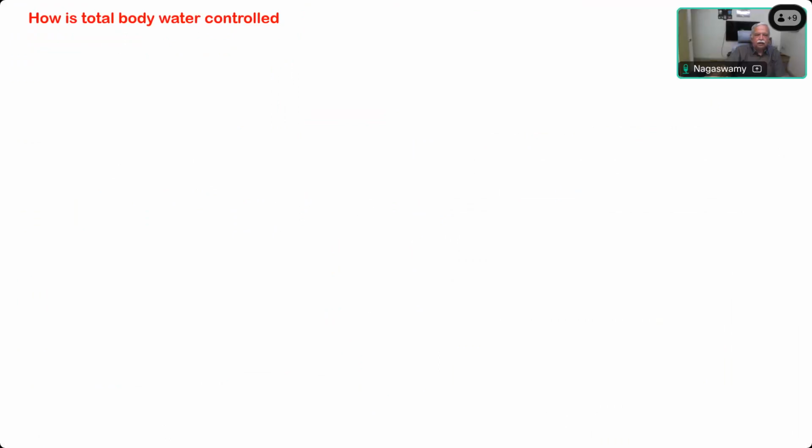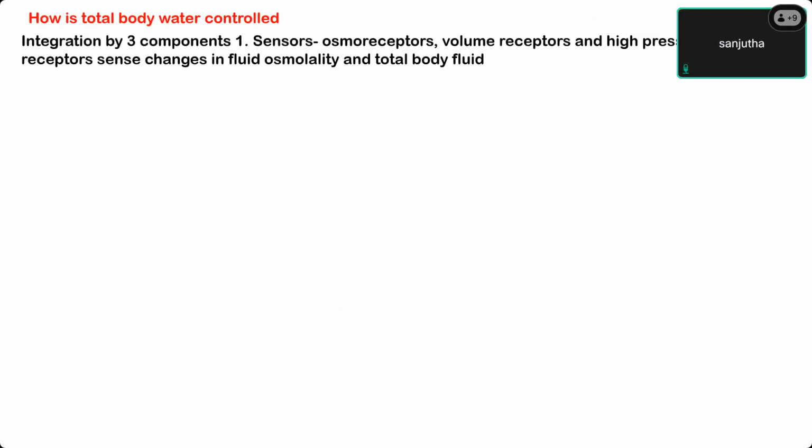Out of this, how is this 42 liters controlled? What are the mechanisms? You must drink water and you must pass water as urine. These are the two mechanisms. How are they controlled? The first mechanism is by mediation and integration of three components: sensors, osmoreceptors, volume receptors, and high pressure baroreceptors.